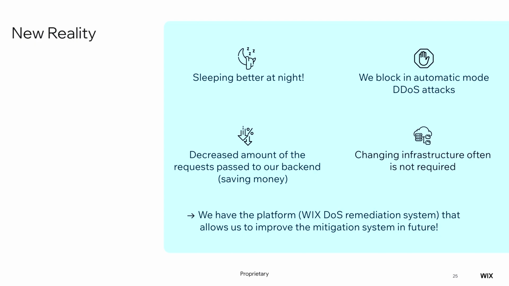Despite the increased volume and frequency of DDoS attacks, we don't need to change our infrastructure often because we have no capacity issues now. And we have a platform, with those remediation systems, that allows us to improve and develop the mitigation system in the future.